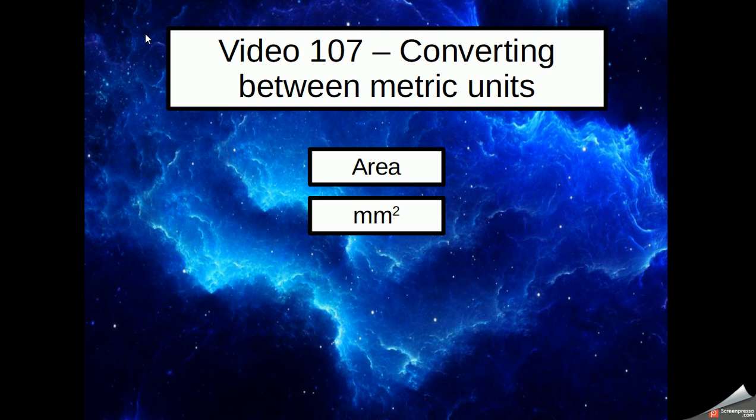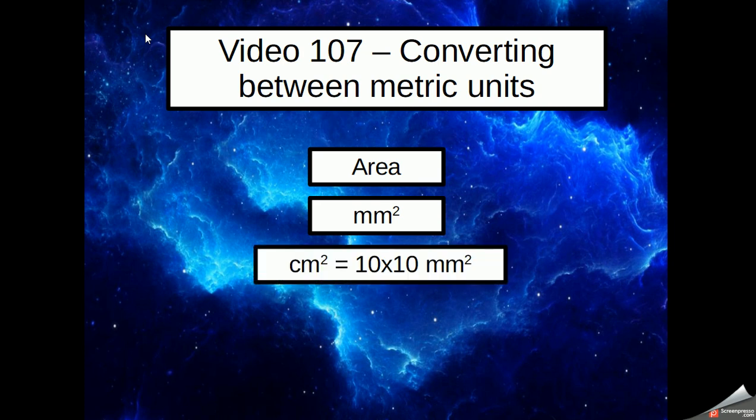So the smallest unit we can have, at least that we need to know about, is the millimeter squared, because that would be a square with the width of a millimeter, the sides are the same length, so we've got a millimeter times a millimeter, giving us a millimeter squared.